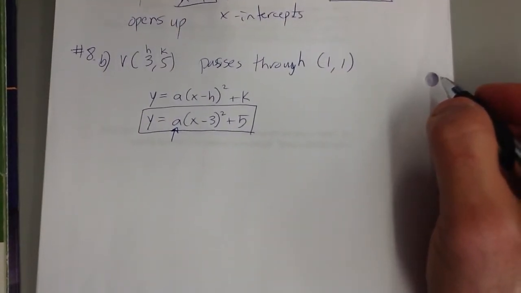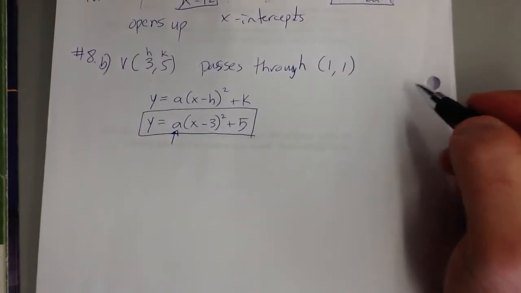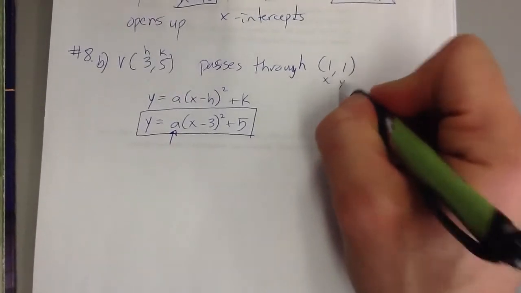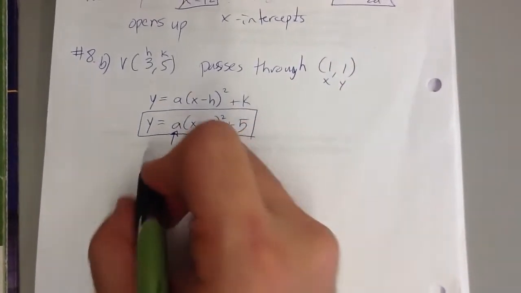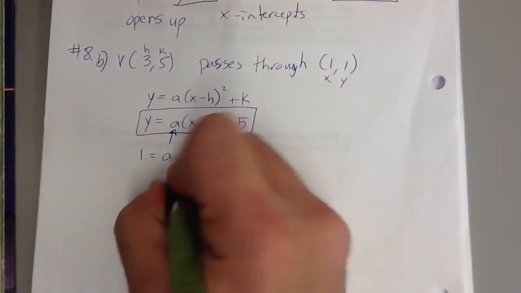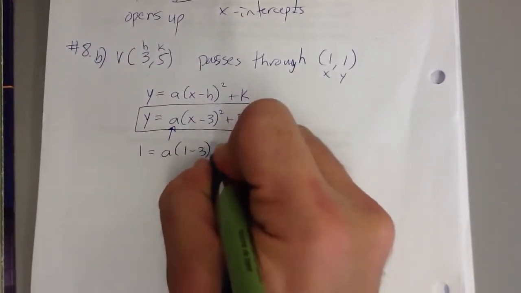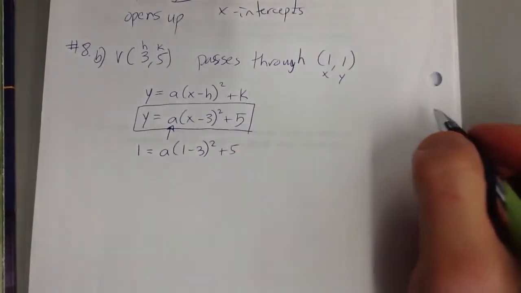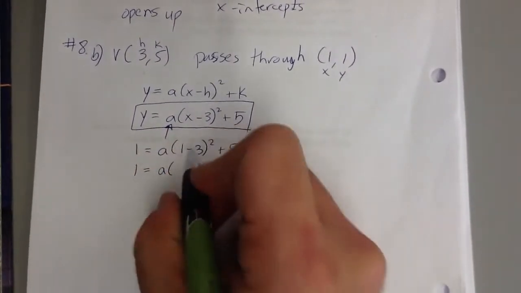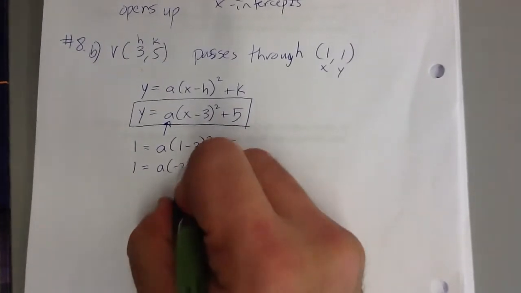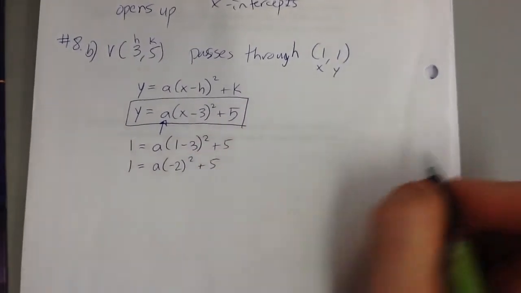How do I figure out what a is equal to? Well, I need another point on the graph. They already give me another point on the graph. When x is 1, y is 1. So I'm going to plug in y is equal to 1, and I'm also going to plug in x is equal to 1, and I'm going to figure out what a is equal to. So this will be 1 = a(1 - 3)² + 5, and 1 minus 3 is -2, all squared, plus 5.